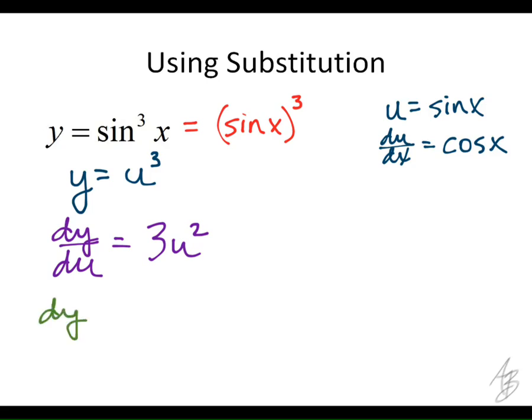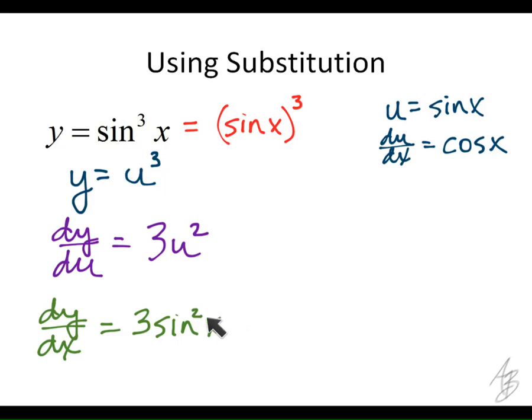So the derivative of y with respect to x, I'm going to do a few things at the same time here. We're going to have 3u squared times cosine of x, but we know that u is what? Sine of x. So we're going to say 3 sine of x squared, or sine squared x. And this is a mechanics thing here. If we put the squared over here after the x, what would that mean? Sine of x squared. Yeah, so what would we be squaring?